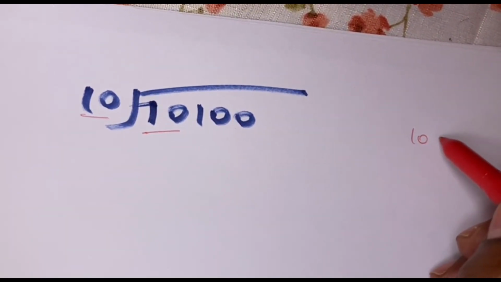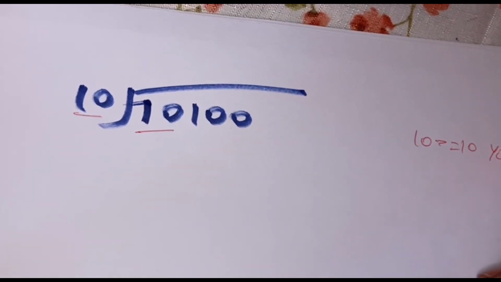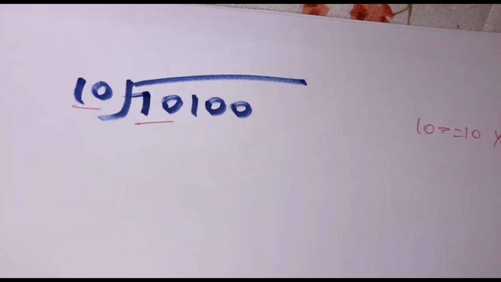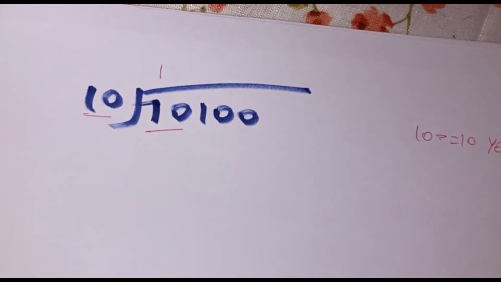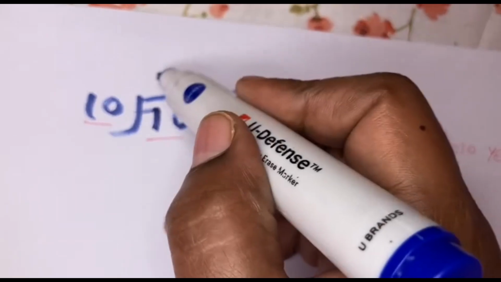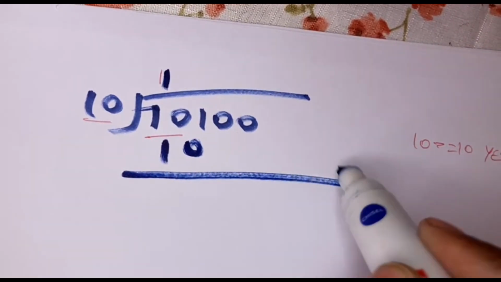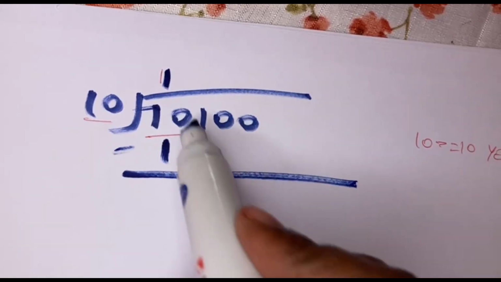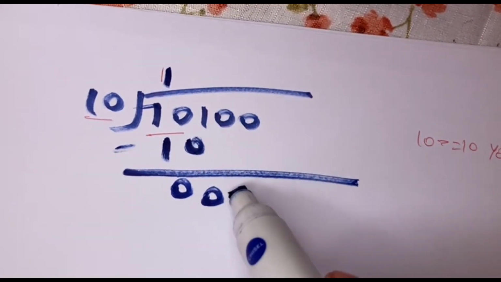Is 1, 0 greater than or equal to 1, 0? Yes. So how many times? 1 times. So 1, 0 times 1 is 1, 0 itself. Subtract: 0 minus 0 is 0, 1 minus 1 is 0.